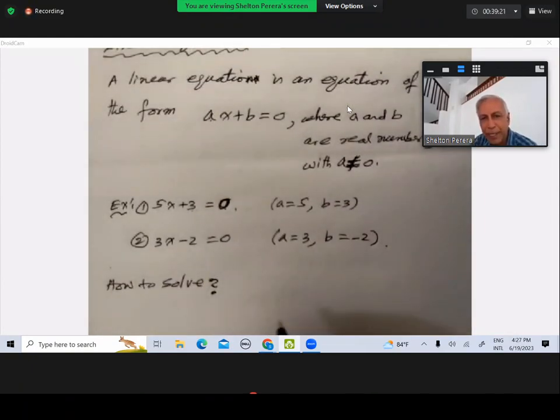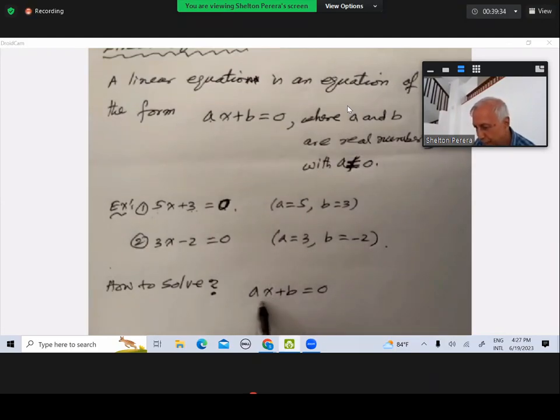So start with ax plus b is equal to 0. Now add minus b to both sides. What will happen? x is only here, no? So try to keep that term on the left hand side and throw everything else to the other side.